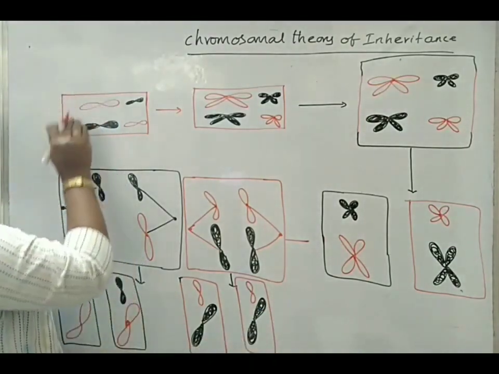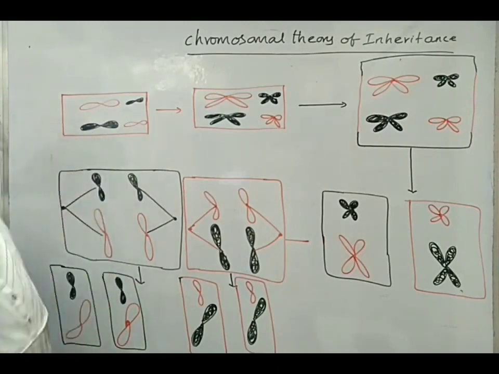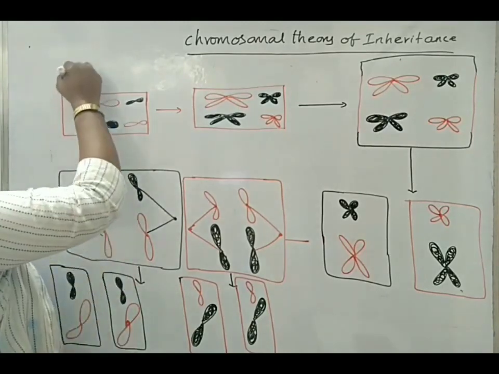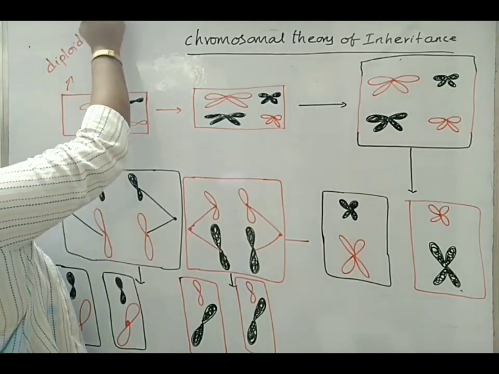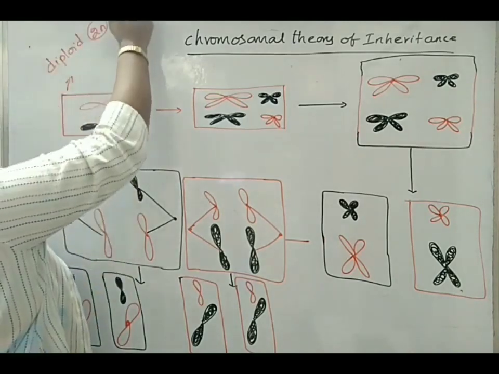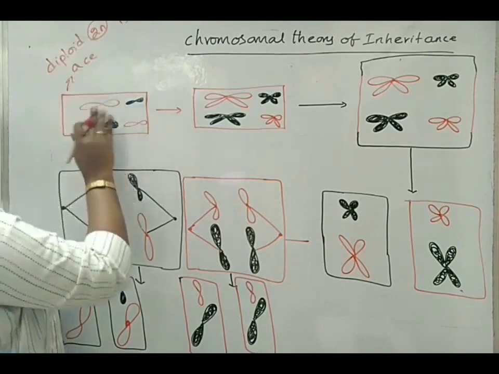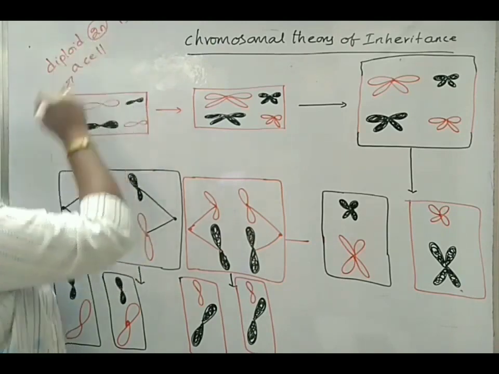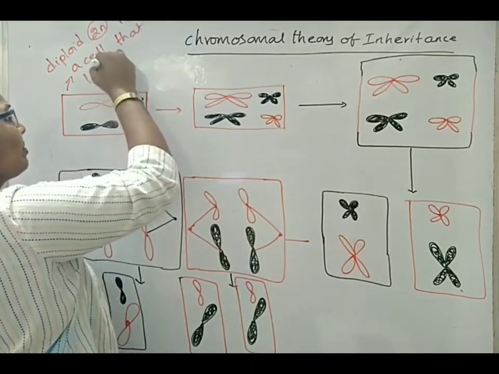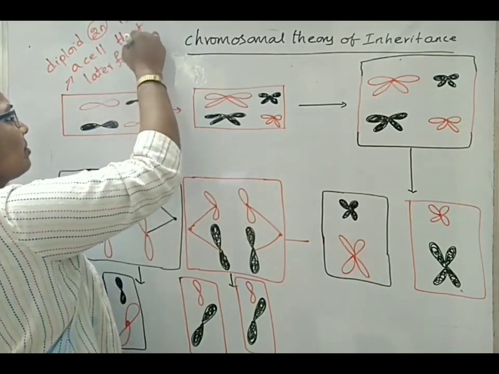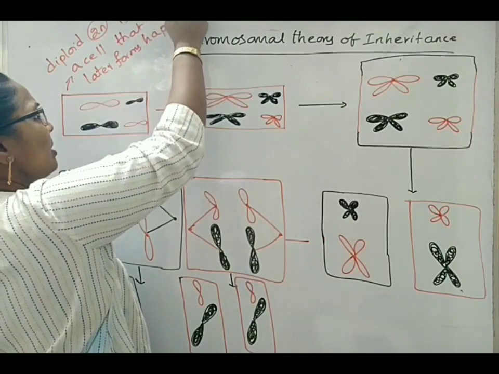So we can conclude this first diagram as diploid with 2n condition, one complete cell, a cell that later forms haploid germ cells.